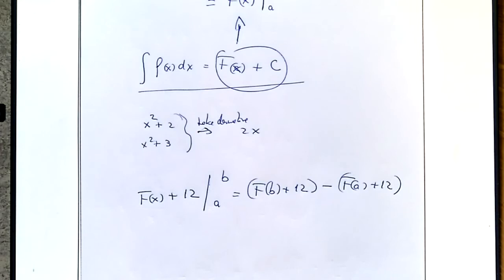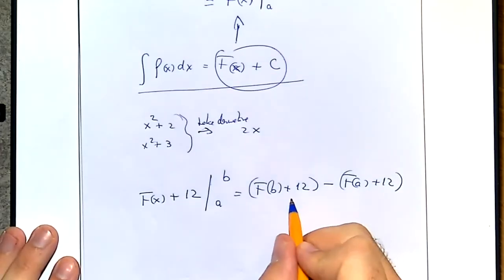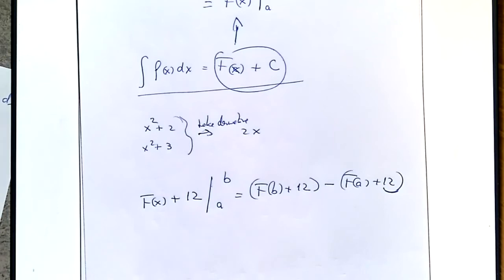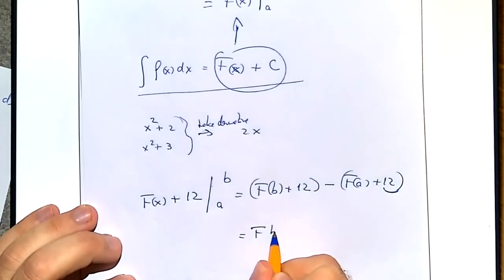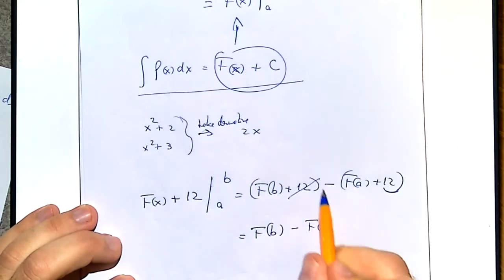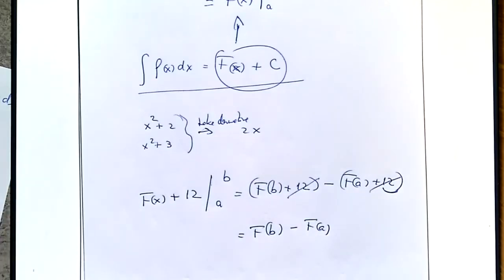I can't have a different constant here. In this case, I'll get F of b minus F of a alone. So this 12 goes away. The constant itself goes away because it simplifies from a to b.